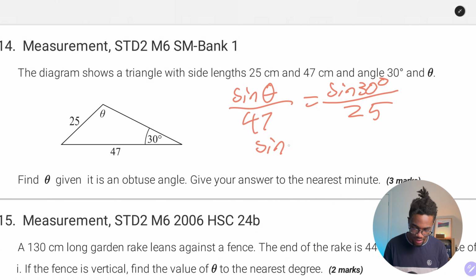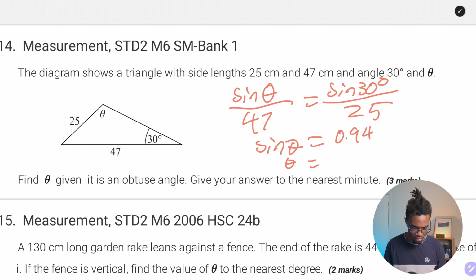So sine theta is going to equal sine 30 degrees over 25 times 47, which is going to equal 0.94.